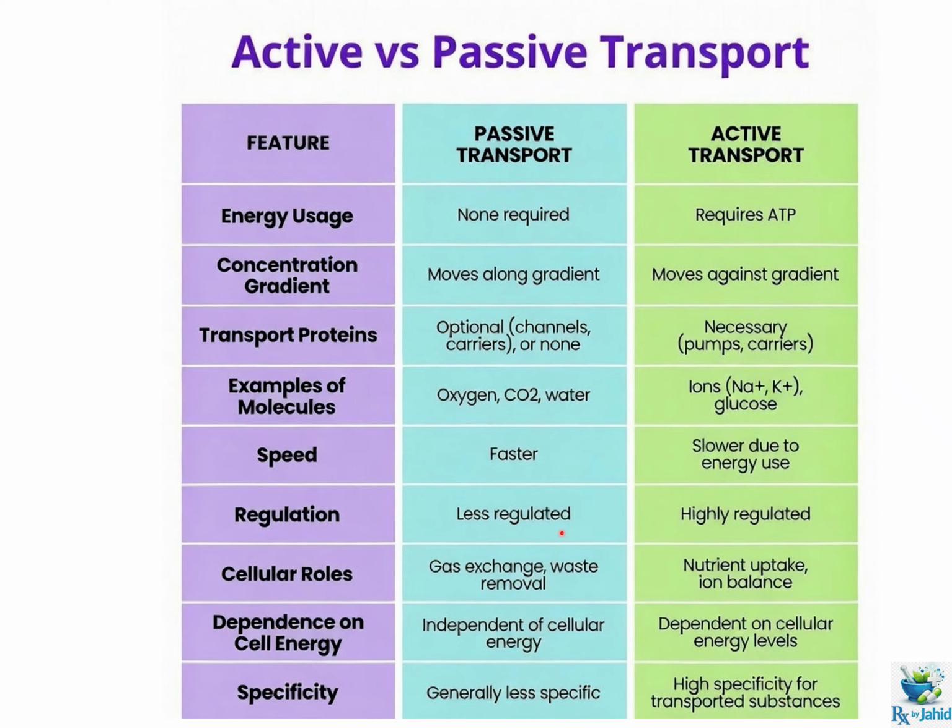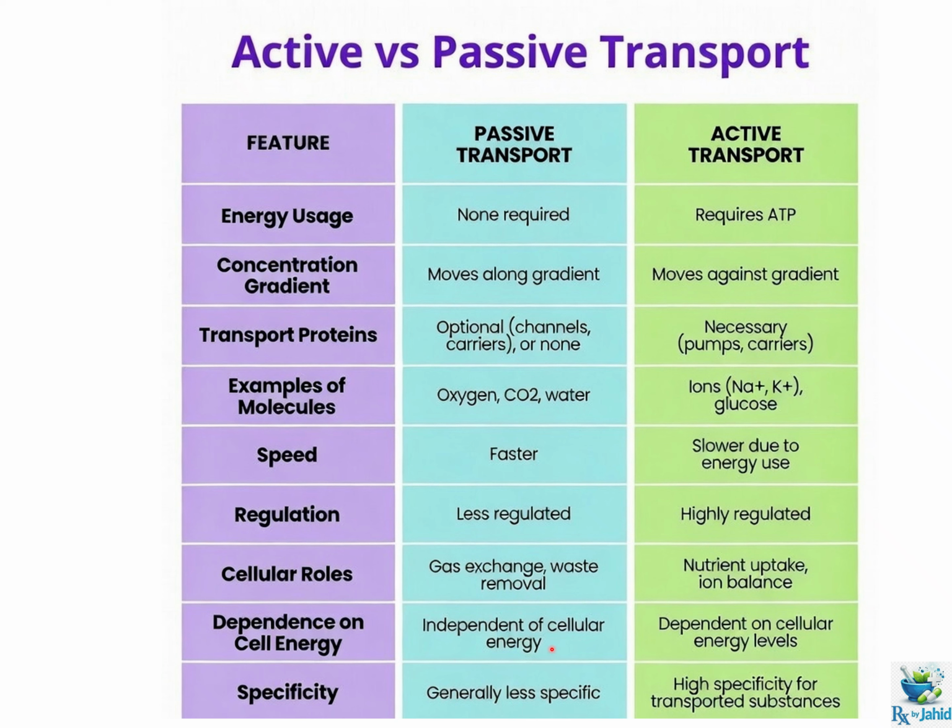Passive transport is less regulated, but active transport is highly regulated because energy is required, and if energy is utilized, then active transport can happen. In terms of cellular roles, gaseous exchange and waste removal are examples of passive transport, and in nutrient uptake or ion balance we see the importance of active transport.